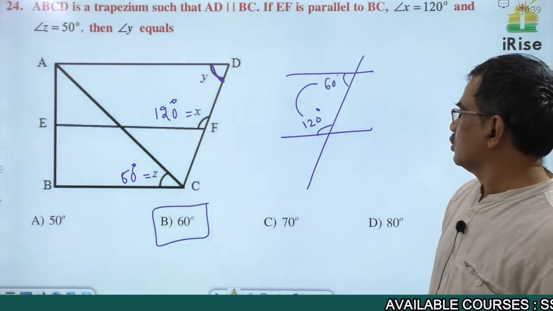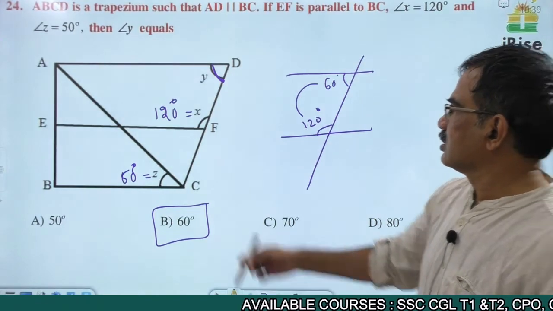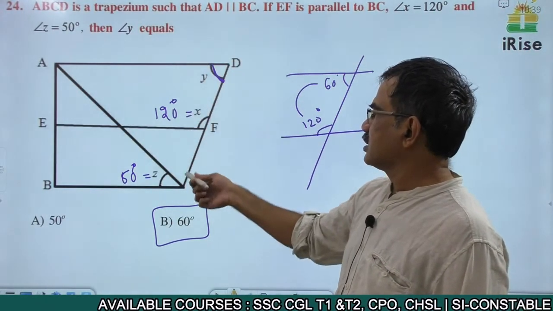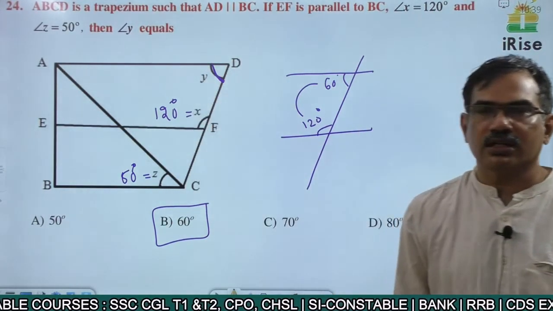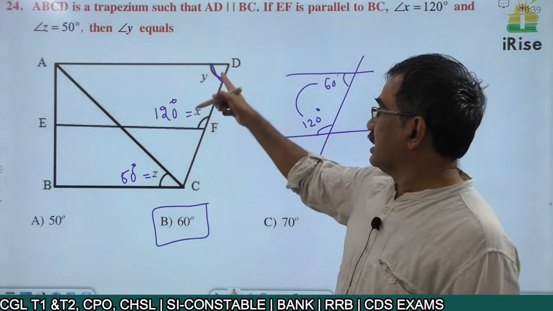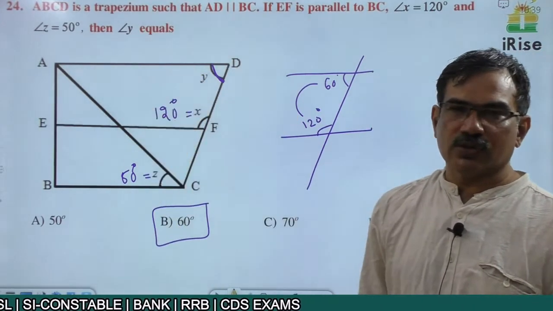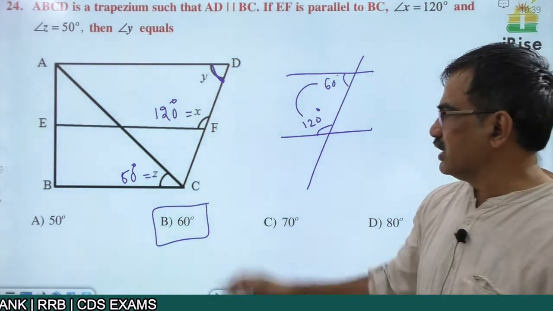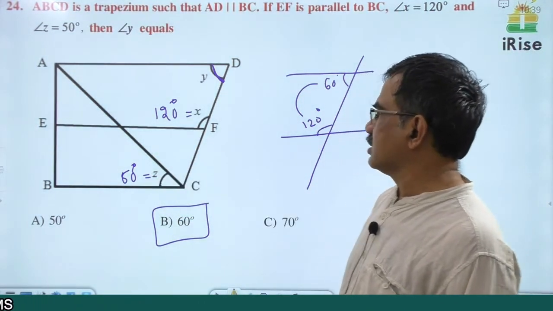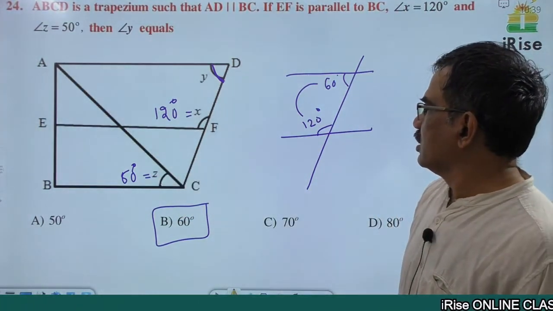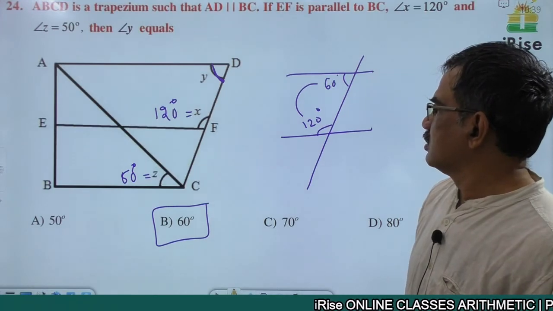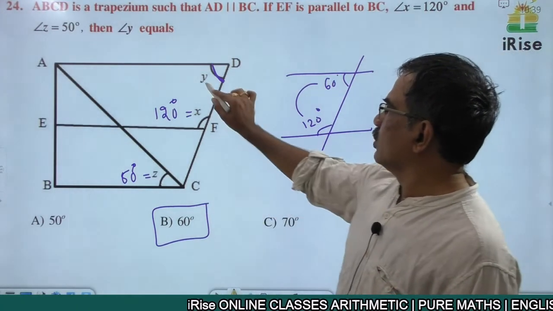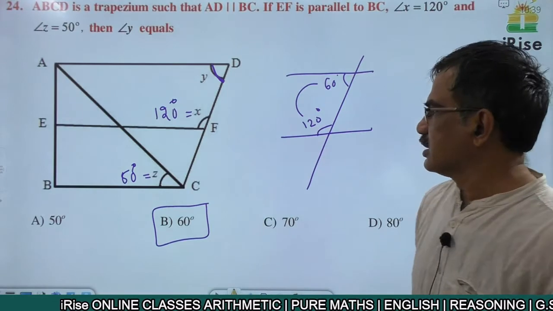If two parallel lines are intersected by a transversal, interior angles on the same side of the transversal are always equal to 180. If any other question is given, that is different. Here the question wants only Y, so the answer is 60 degrees. Next one.